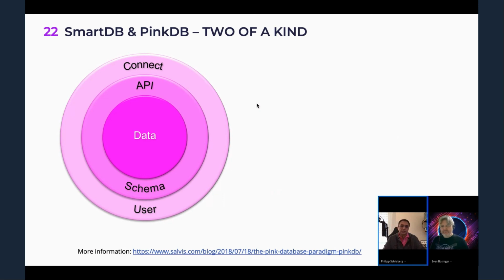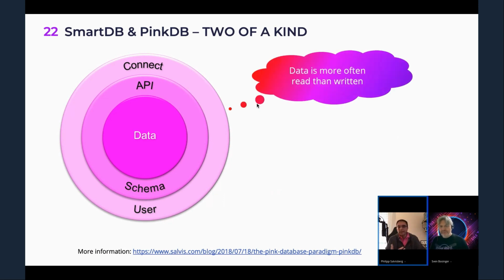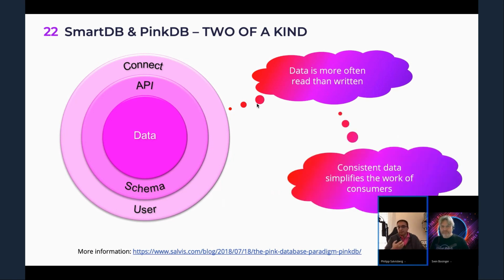From my point of view, it's quite similar to data, because data is much more often read than written. Because of that, when I write an application which stores data, I should think of the consumers, and it simplifies the work for the consumers when they can just access the data without cleaning up, using just-in-case left or full outer joins to do data cleansing. It's just the better way to work.